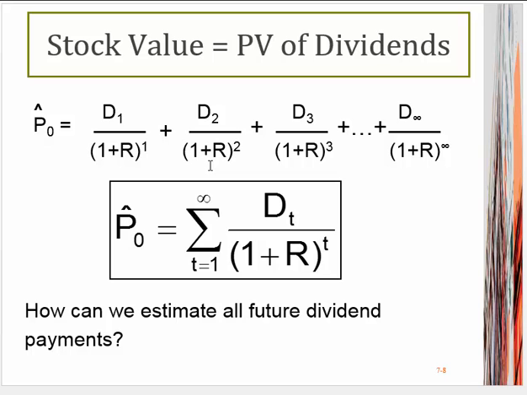So we have a model. Here is the present value of each one of these dividends. Now we're assuming that we're going to go clear to infinity, so there's a very long lifespan on this company. So this is just the summation, if you will, of the present value of all of the dividends into the future. Again, these are future dividends, not past dividends, but the future dividends of the company.